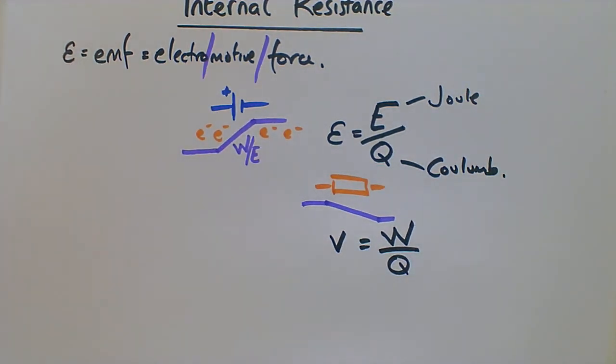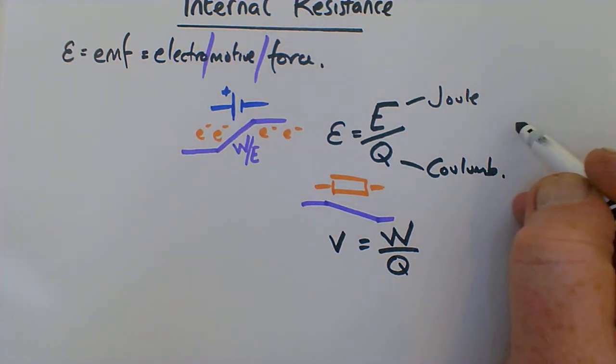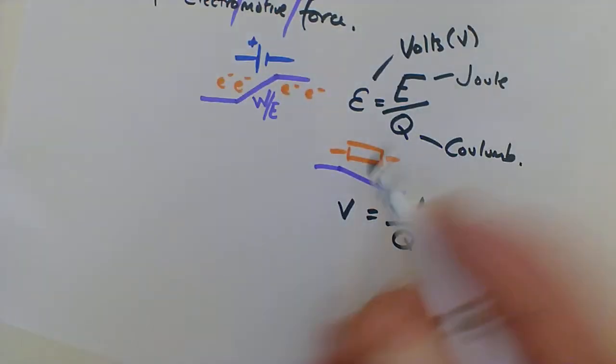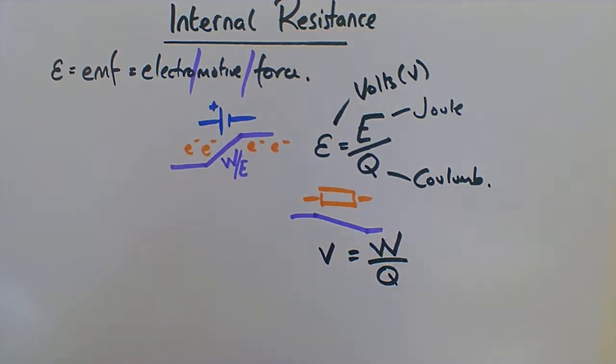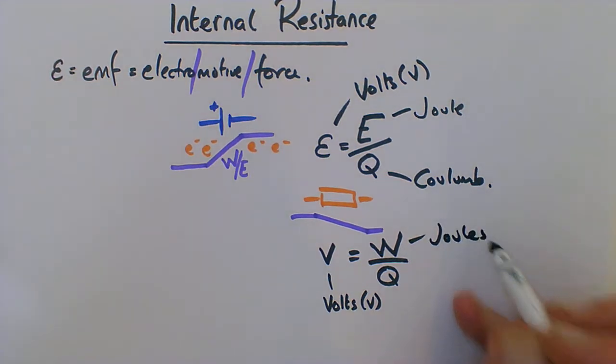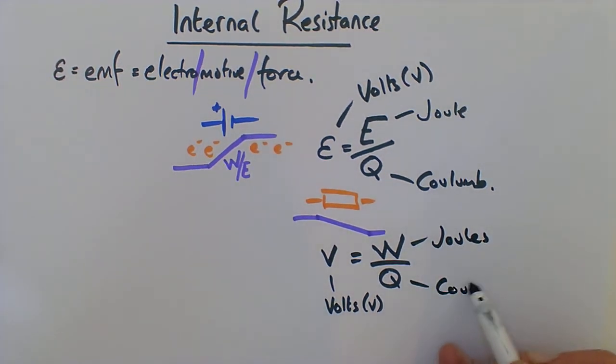The symbols are different, but the concept is exactly the same, which means that the EMF is also measured in volts, V. PD is of course measured in volts, V, and work is measured in joules, energy, and we've got coulombs again, right?